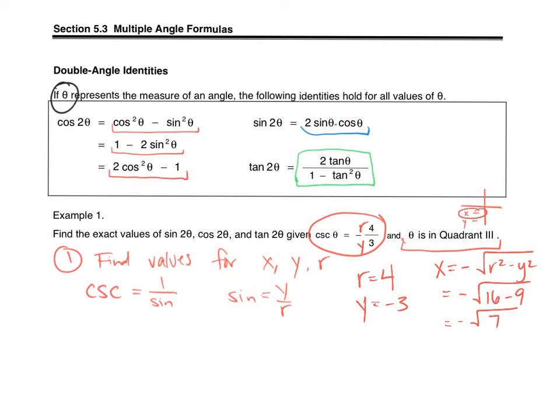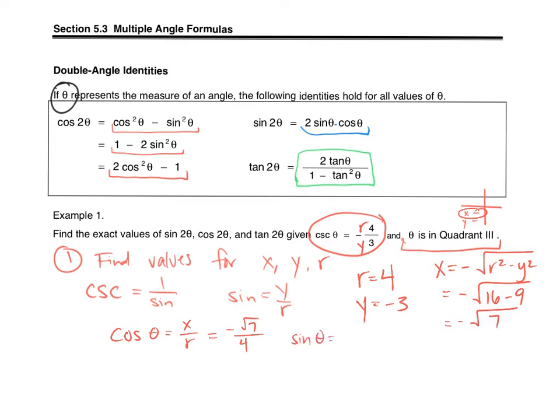It may be helpful next, since we know we're going to be using sines, cosines, and tangents of theta in our identities to find the cosine, sine, and tangent of 2 theta, to find those for our original theta. Cosine of theta equals x over r, which is -√7 over 4.